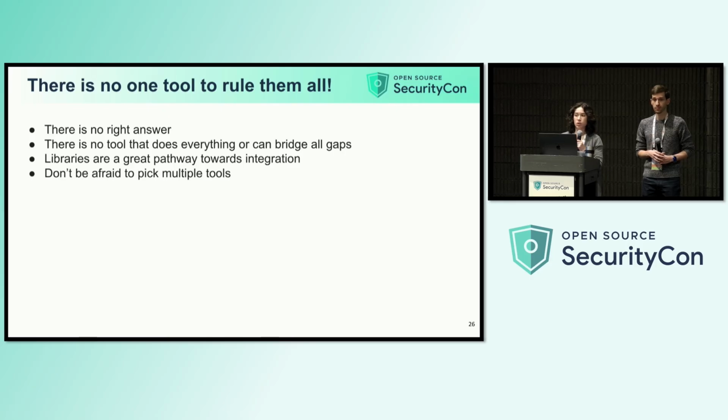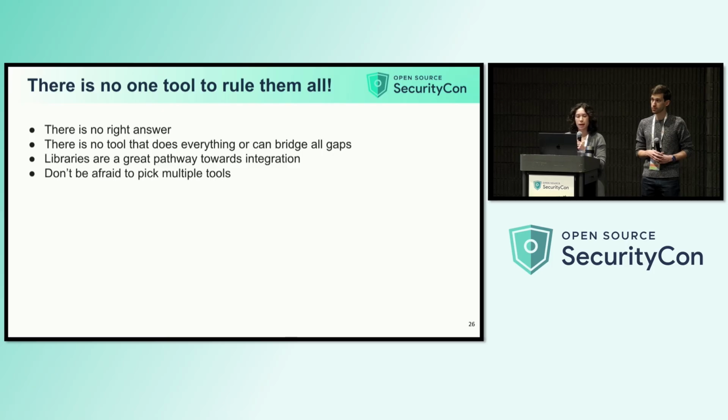We have observed that libraries are a great pathway towards integration. So several of the tools that we think offer some more of this composability and integration also offer libraries to go with them, and they are in ways built on their own libraries.